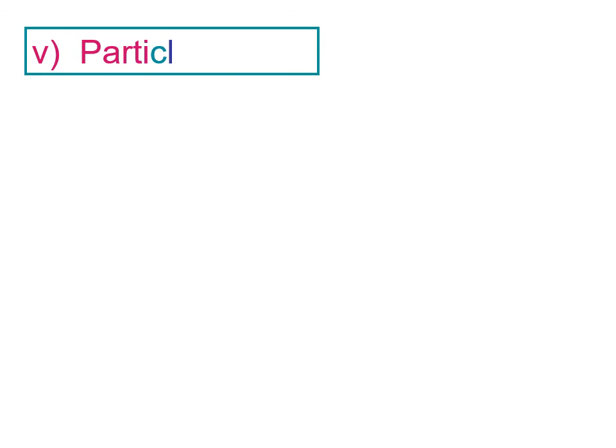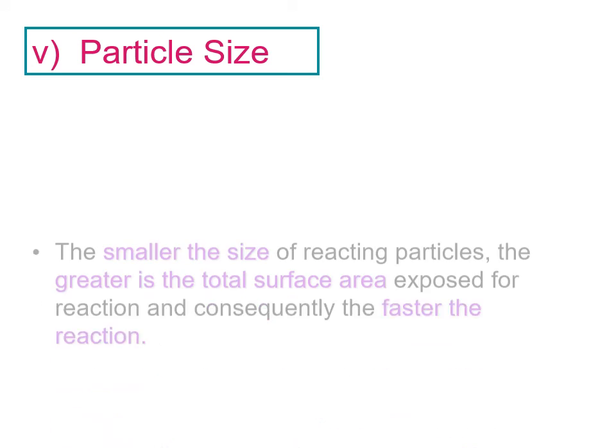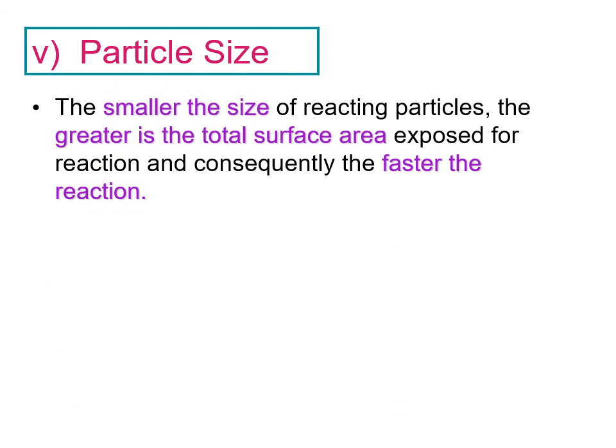The last factor that will affect the rate of reaction is the particle size. The smaller the size of the reacting particle, the greater is the total surface area exposed for reaction, and the faster the reaction will be.